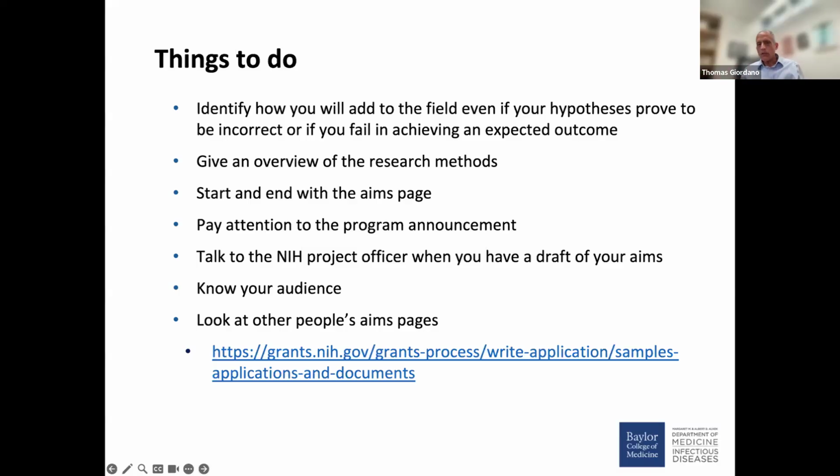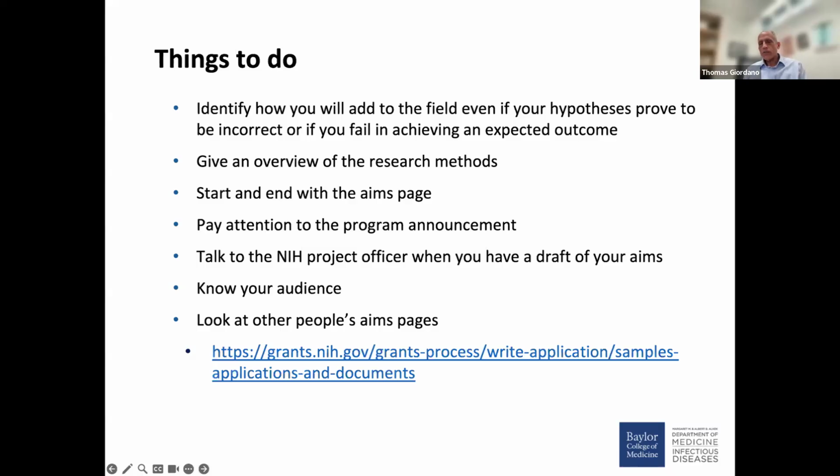They won't tell you, oh, this word needs to be changed. In my experience, they're not going to get that deep into it, but they'll give you comments about the overall scope, and they'll give you comments about how to make this fit with their priorities, especially if it's one of the limited funding opportunities. So talk to them once you have a draft of your aims, and getting to know your project officers is always a good strategy.